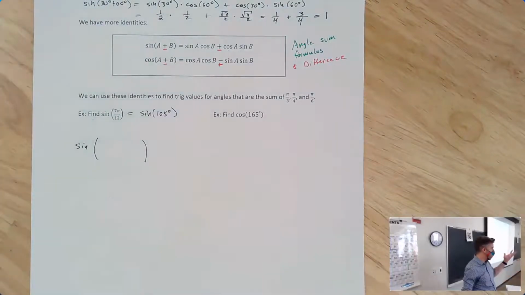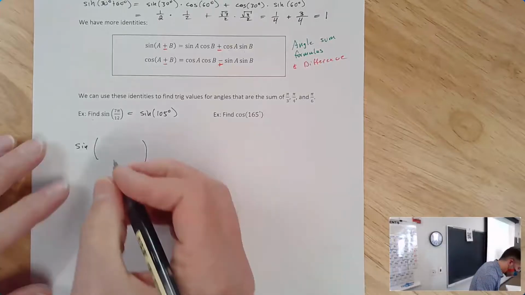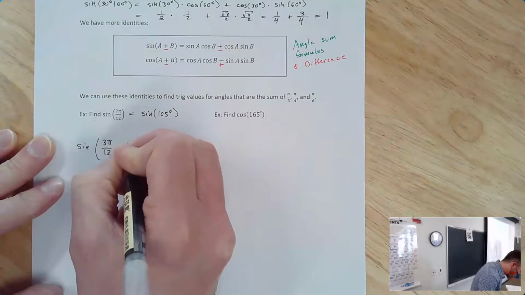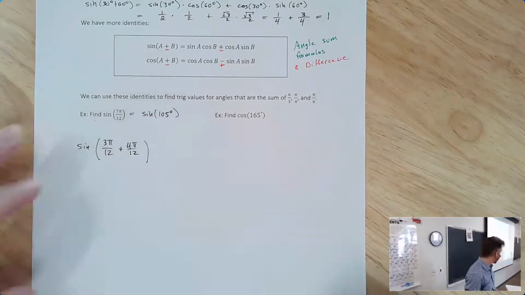Meaning find two numbers that add up to 7 that both reduce when you put them over 12. Let's see, 1 and 6 don't work because 1 never works. You can't reduce 1 over something. 2 and 5 over 12 doesn't reduce. 3 and 4, those both reduce. So I'm going to write this as 3 pi over 12 plus 4 pi over 12.